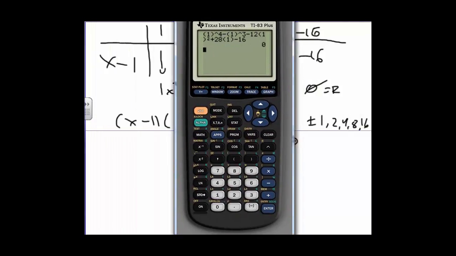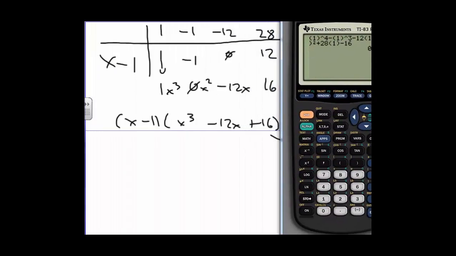But it's a little different now. Now we're trying it. Let's see, keep it mostly on the screen here. I'm going to go with 1 to the power of 3 minus 12 times 1 plus 16. And I can see that that did not equal 0, so 1 is no longer a factor. So let's try another one.